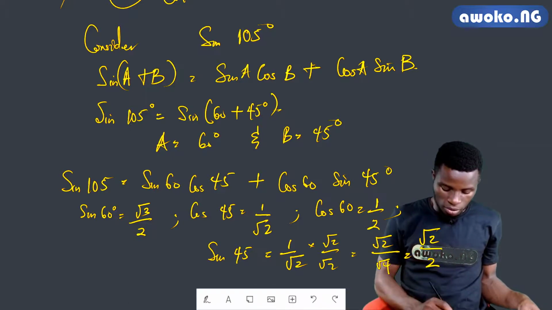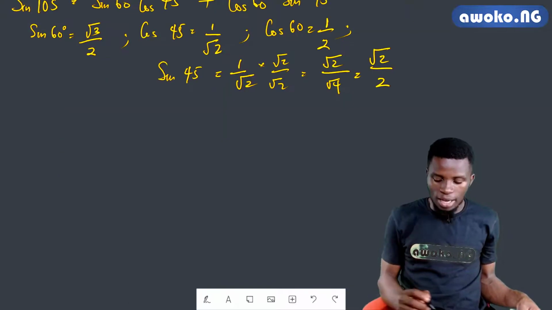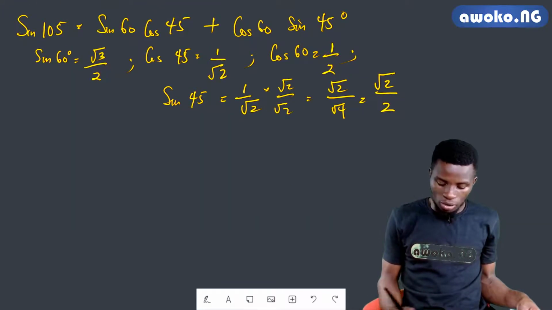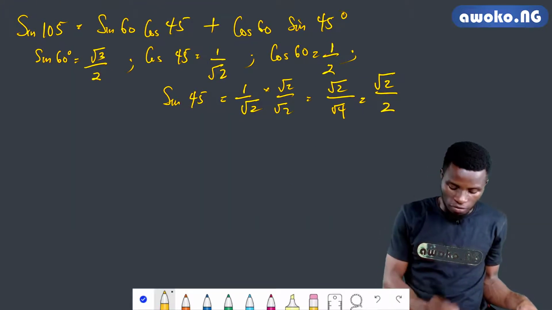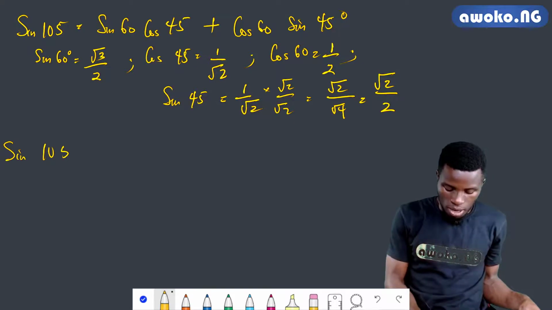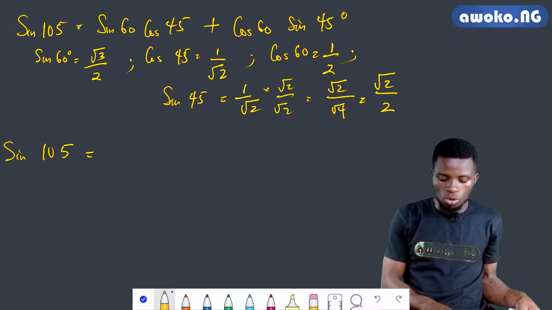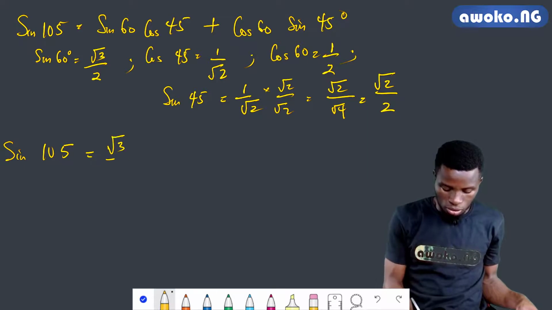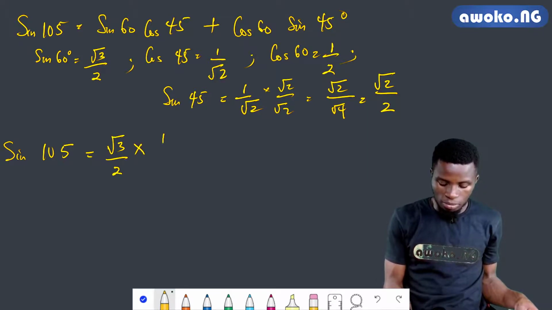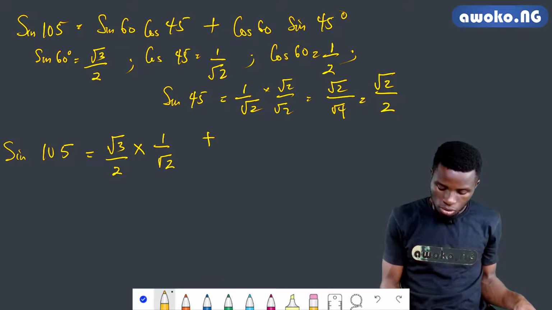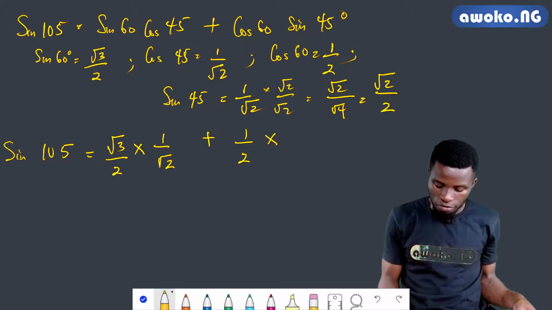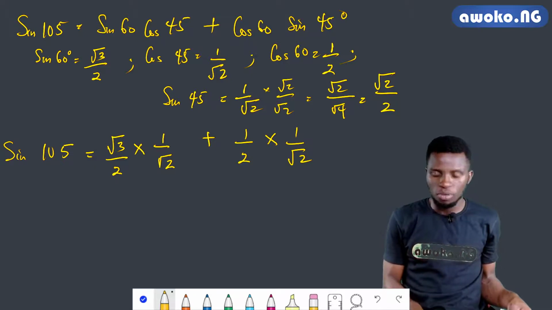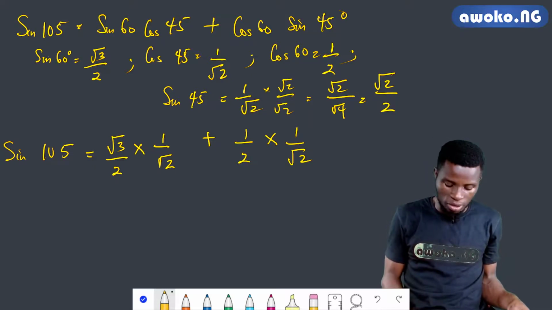Okay? Now, since this has been said, we can evaluate sine 105. Therefore, sine 105 is equal to sine 60, which is root 3 over 2, times 1 over root 2, plus cos 60, which is 1 over 2, times sine 45, which is 1 over root 2. You have to be very careful in substitution so that you don't make mistakes.